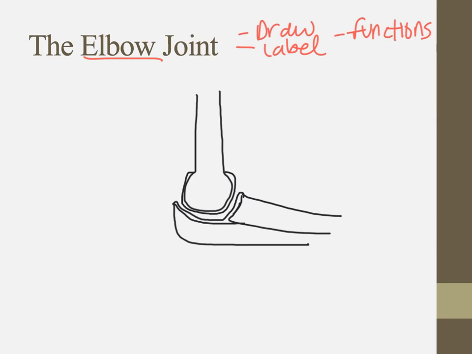Then this is all surrounded by a joint capsule. The entire joint is going to be surrounded by a joint capsule, and that's going to be filled with the synovial fluid. The joint capsule joins the joint together, and then it's going to fill with fluid.